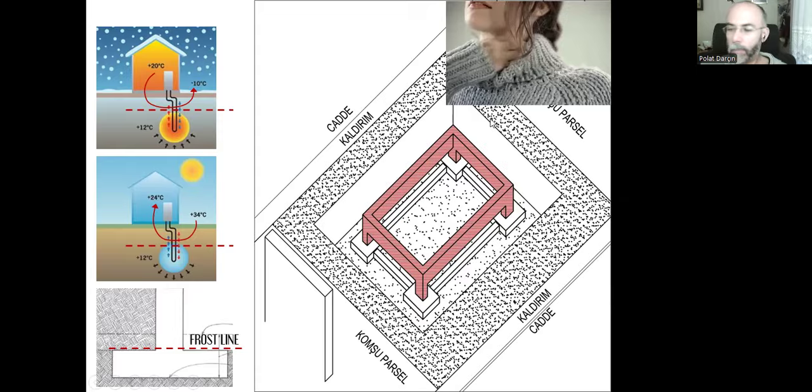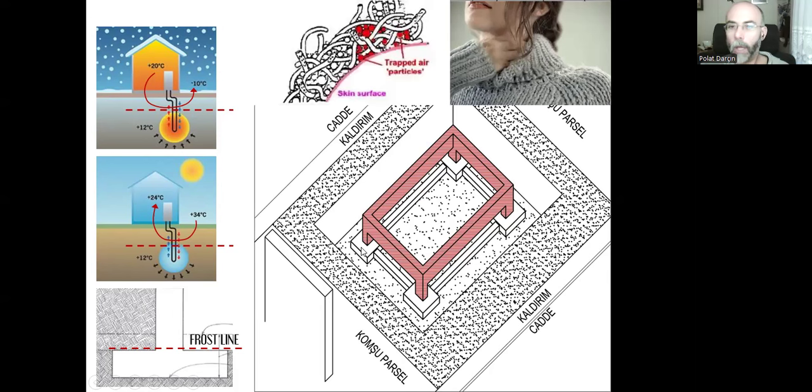It's the same principle as with our jumpers. We wear jumpers during the winter time, and inside these wool fibers, there are lots of trapped air molecules. Trapped air molecules will provide heat insulation.